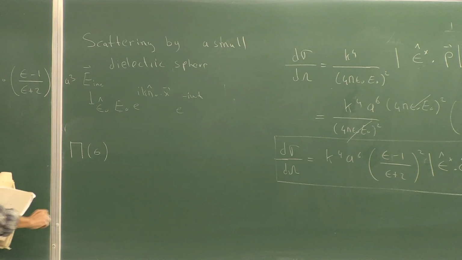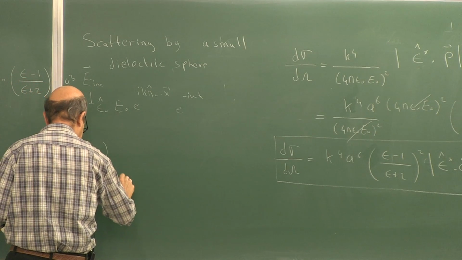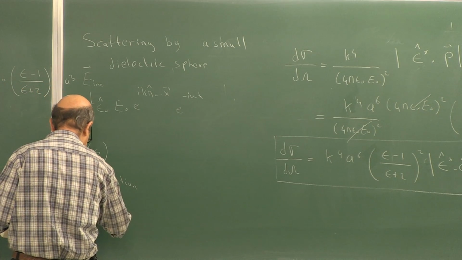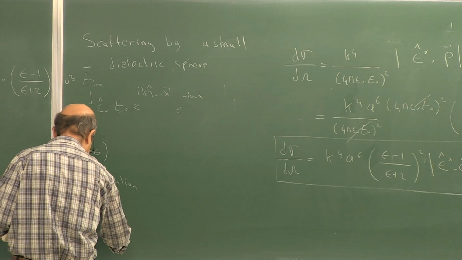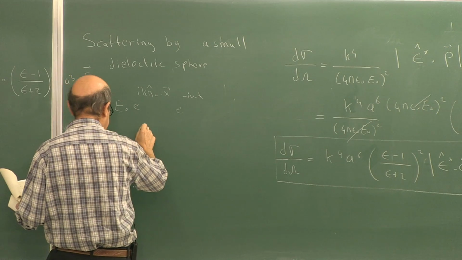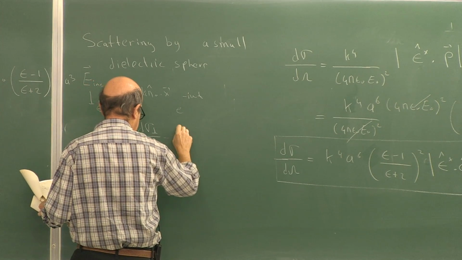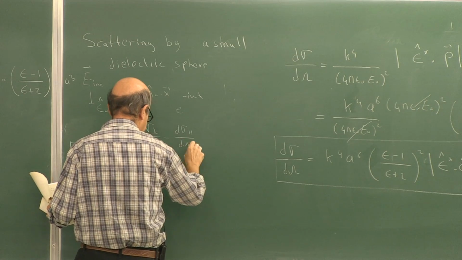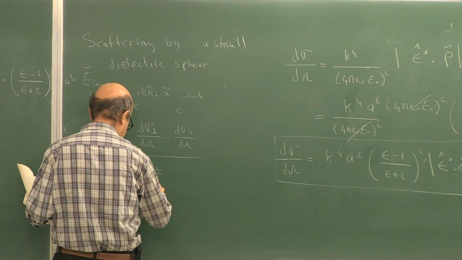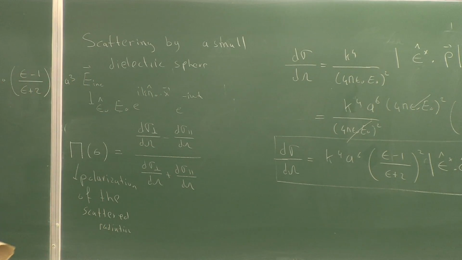So polarization of the scattered radiation is defined as the difference of the perpendicular and parallel scattering cross section per solid angle, divided by the total scattering cross section. So this is a general definition.